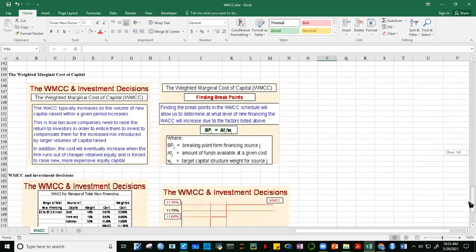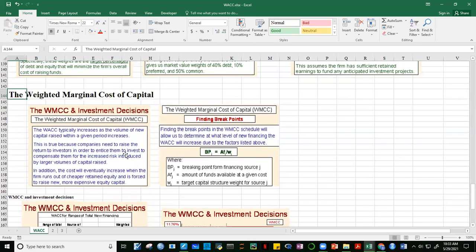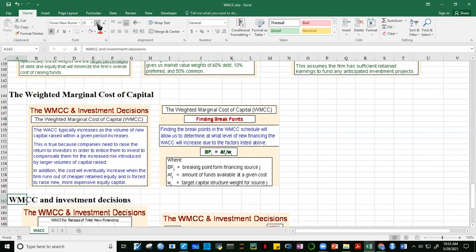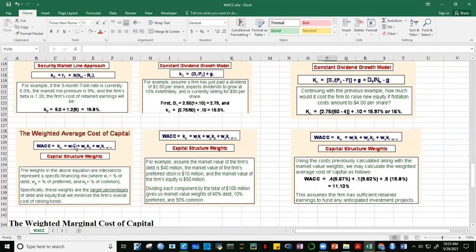And then here you have the computation for the weighted average. Actually, ito weighted marginal cost of capital. Okay. Although ang titingnan lang natin, guys, yung weighted average cost of capital. Okay, which is this one, no?